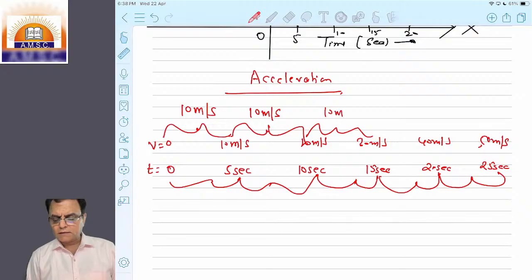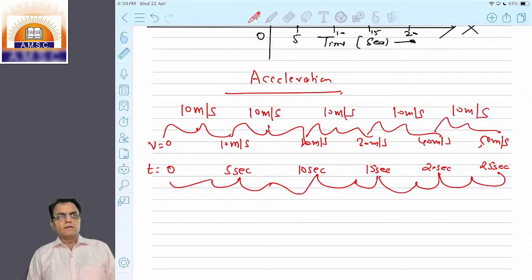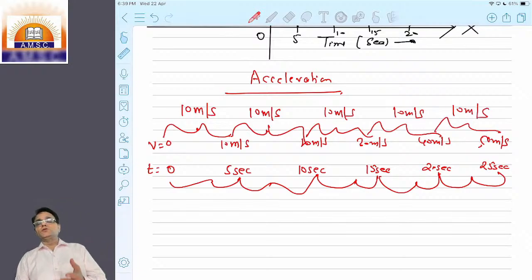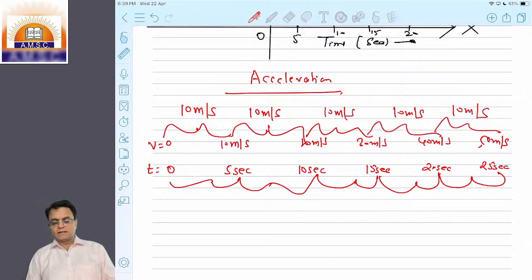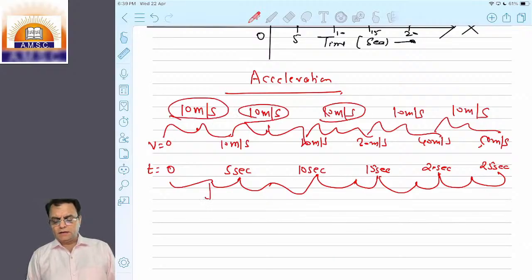Here also 10 meter per second, and here also, and here also. So an object is said to be moving with uniform acceleration if its velocity increases by equal amounts in equal intervals of time. Is it clear?